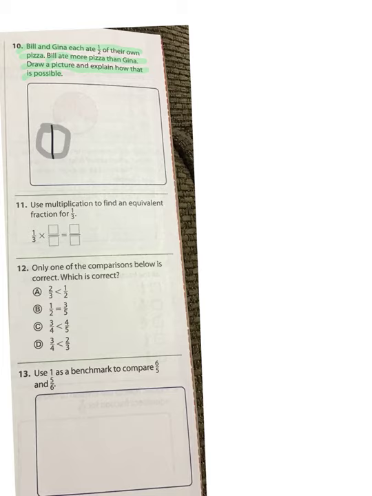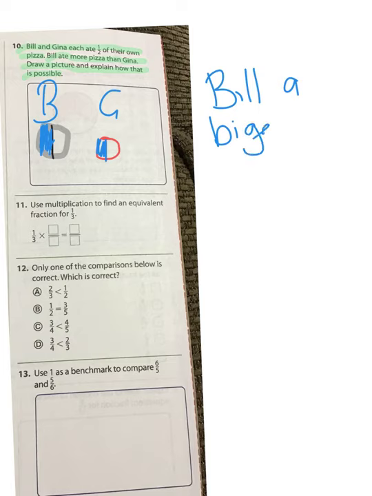I'm going to make it red. I'm going to draw a blue line in the middle. If they each ate half, how did Bill eat more than Gina? Well, Bill had a bigger pizza. So if they both ate half, but Bill ate more, then his pizza had to have been bigger.